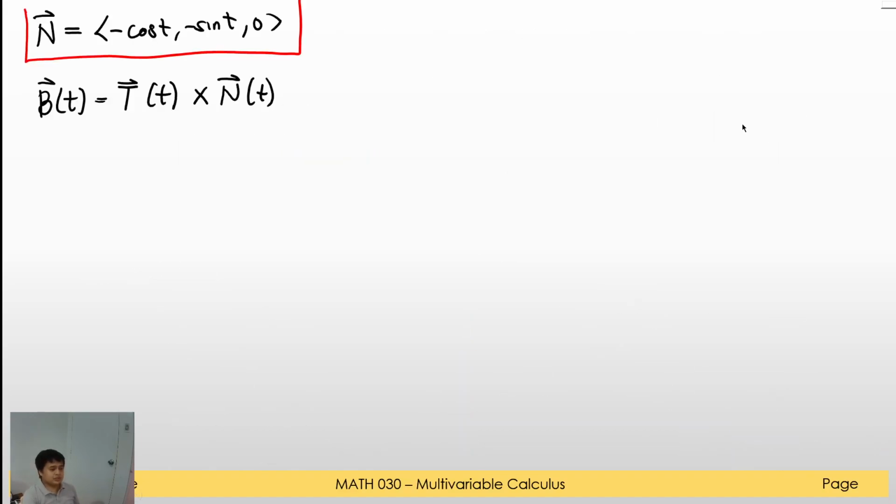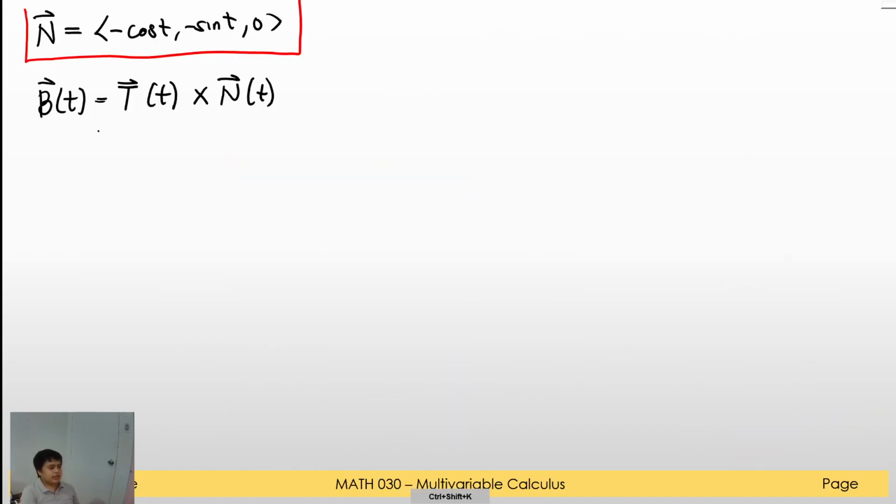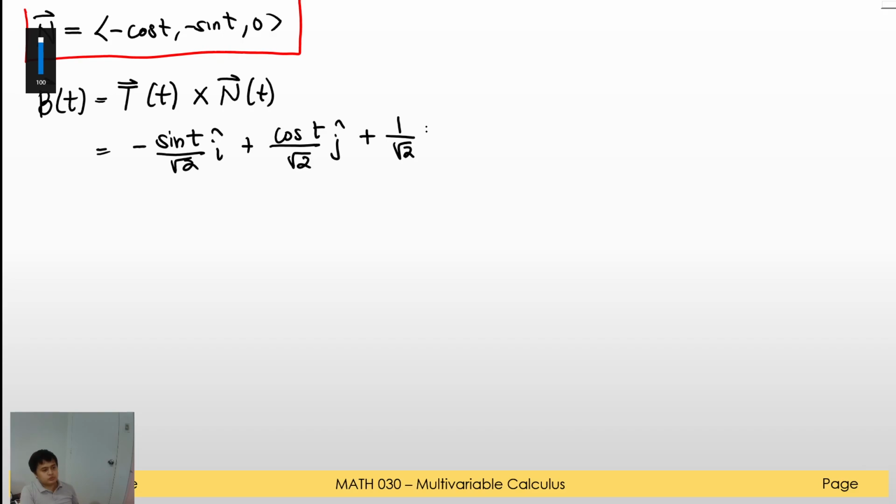So we have 1 over square root of 2, or we can just distribute this. So we have negative sine t over square root of 2 i hat, plus cosine t over the square root of 2 j hat, plus 1 over square root of 2 k hat.